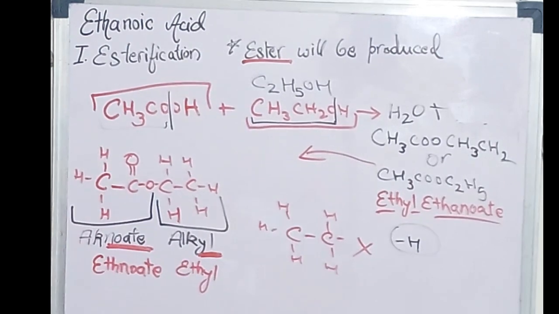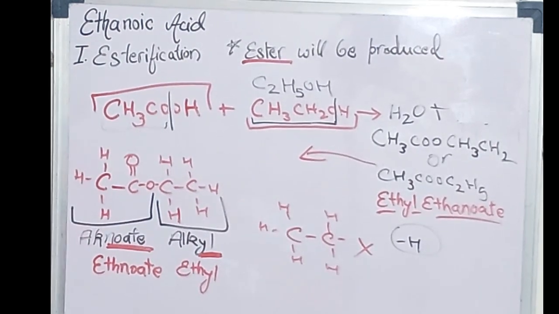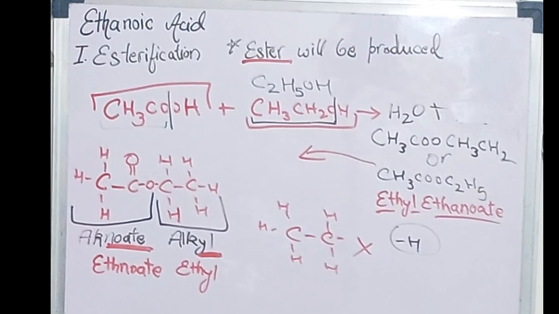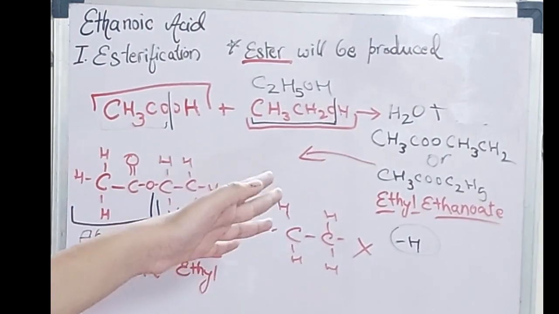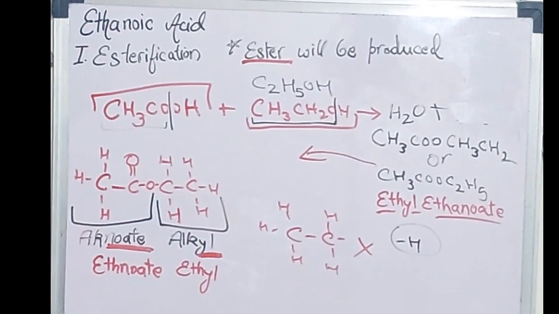Now in ester, this is the example given and most probably this will only come in your examination, that tell me how ester is formed. So you will say that ethanoic acid plus ethanol gives me ester, that is ethyl ethanoate.